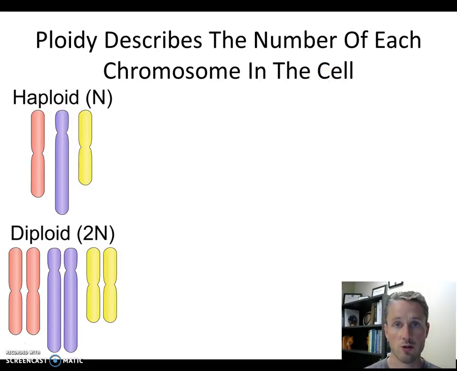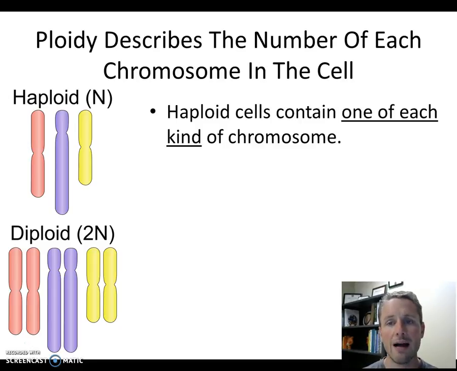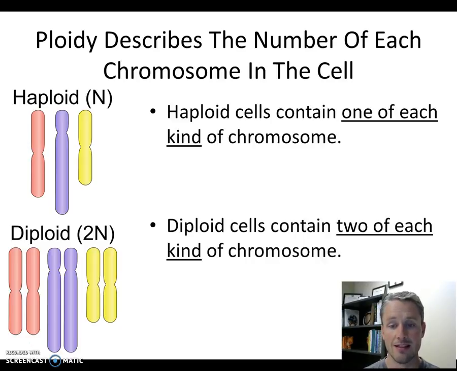We have these two words we're going to use commonly, haploid and diploid. Well, haploid describes a ploidy where the cell contains one of each kind of chromosome. Whereas diploid, I think two, diploid are cells that contain two of each kind of chromosome.